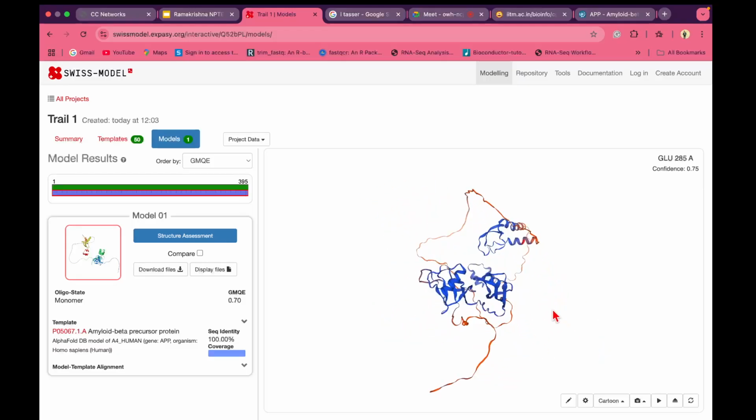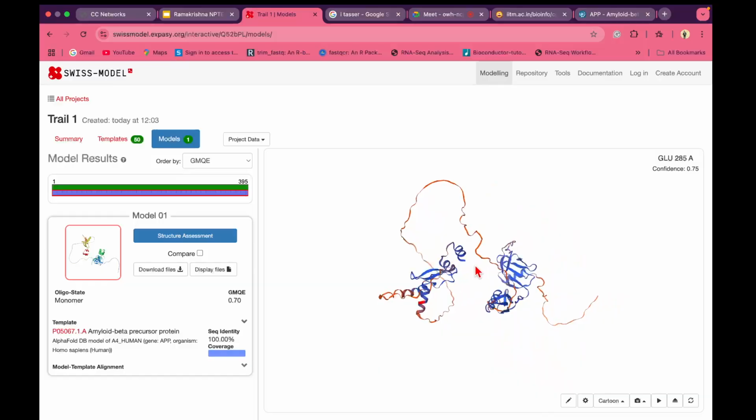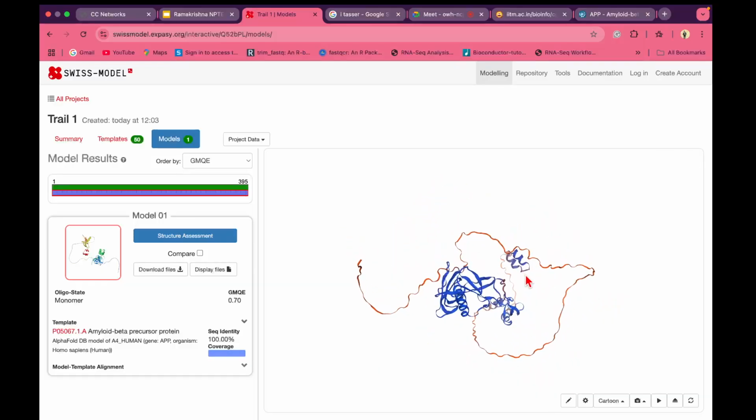For our given input sequence, this is the structure that has been predicted by the homology modeling.